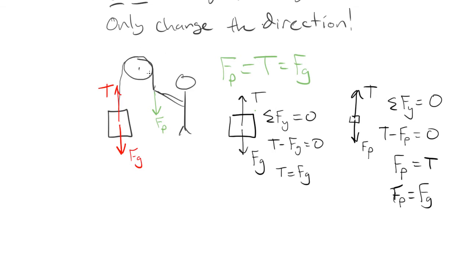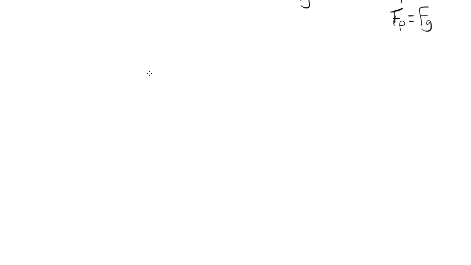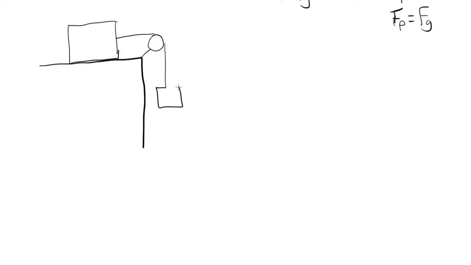All right, the next sort of classical problem is to draw a table, which then has a pulley, which then is attached to a mass, which is attached to another mass. Mass 1 and mass 2.